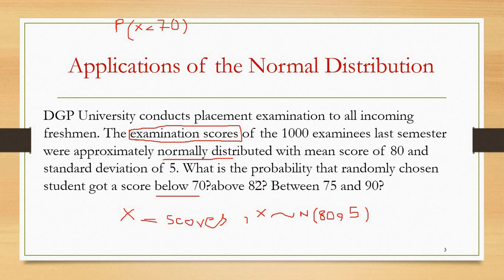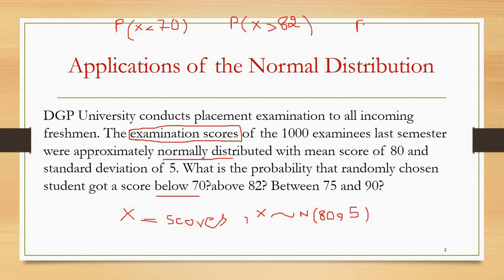And the next one is above 82. So this will be probability x greater than 82 or greater than or equal to 82. Both will give us the same meaning. And between 75 and 90.